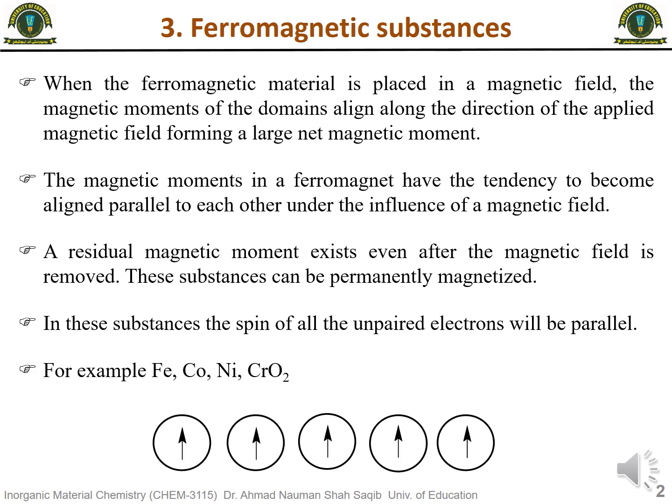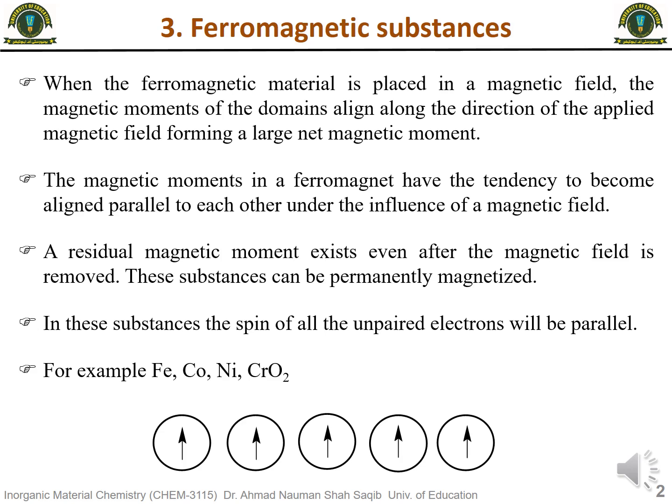Examples of ferromagnetic substances include iron, cobalt, nickel, and chromium dioxide. These retain magnetization even if the external magnetic field is removed.